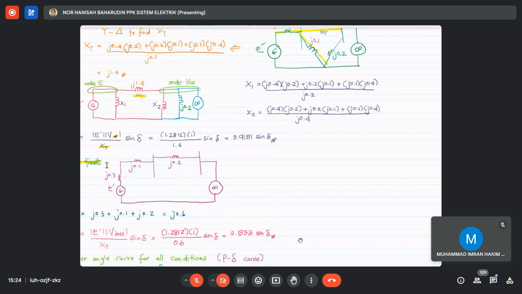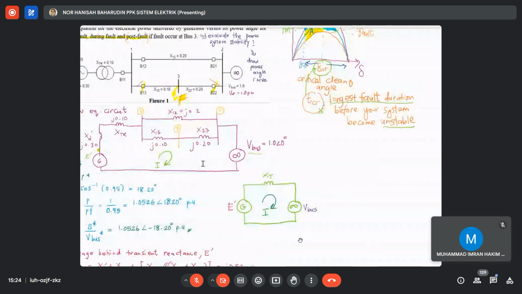And then post-fault. How to calculate for post-fault? When the fault occurs anywhere around this transmission line, you have to isolate your fault here. So your circuit breakers, B13 and B22, will open.